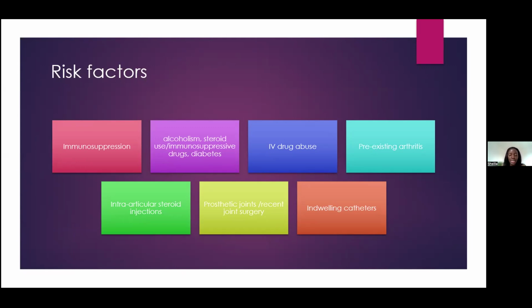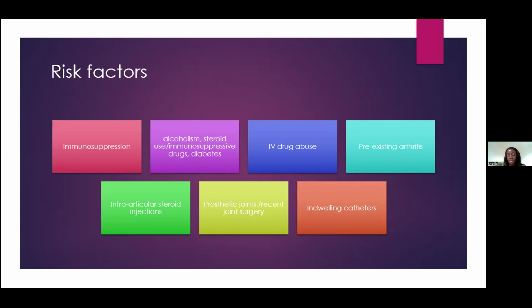a septic arthritis. Very low incidence of arthritis introduced by intra-articular steroid injections, but we do occasionally see patients who've come in for steroid injection, then come back later with an infected joint if the procedure was not done in an aseptic technique. Prosthetic joints as well, because they're basically foreign to the body.